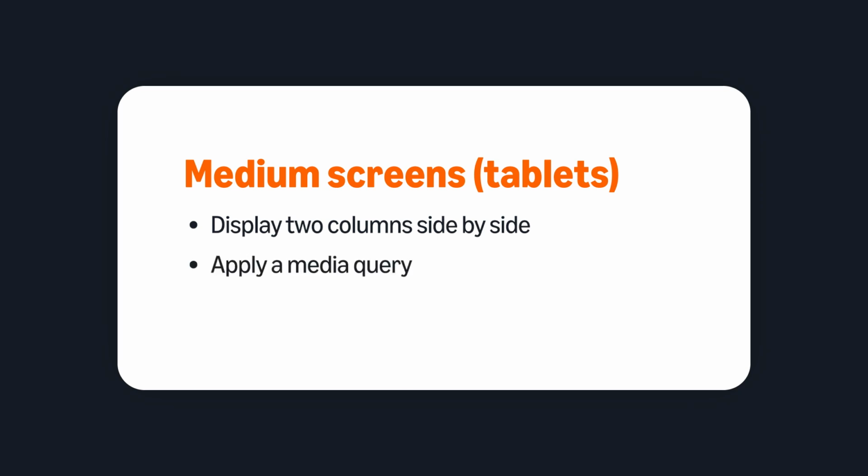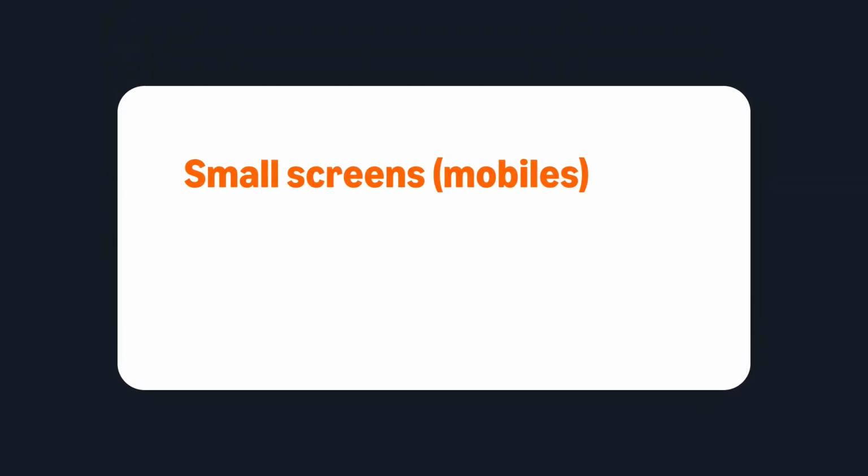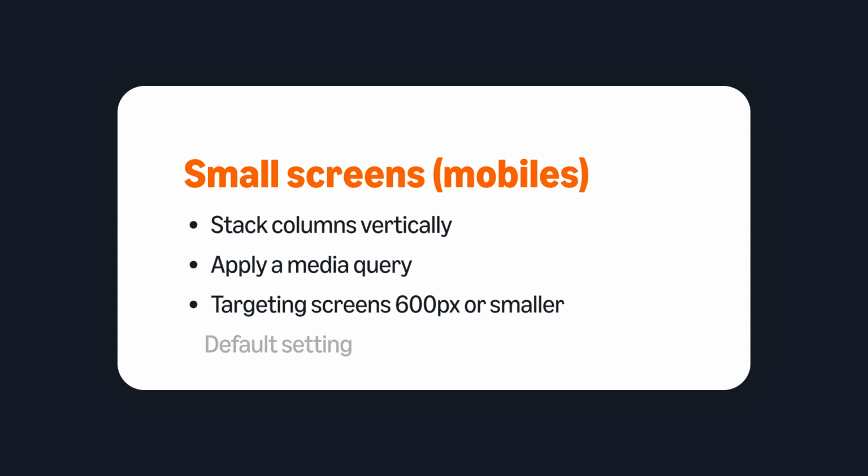Do this by using a media query for screens with a minimum width of 601 pixels and a maximum width of 1023 pixels. For small screens such as mobile devices, you can stack all columns vertically for easier reading and navigation. To do this, apply a media query targeting screens 600 pixels wide or make this the default setting. By adjusting the layout for different screen sizes, you ensure the website is user-friendly and visually appealing on all devices.